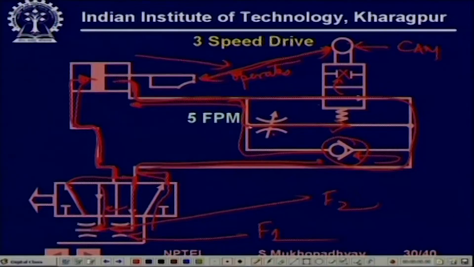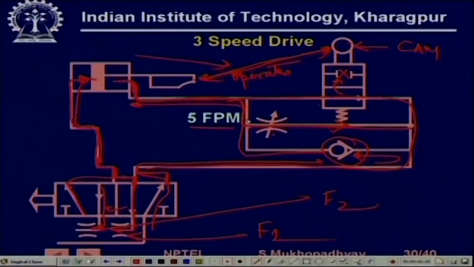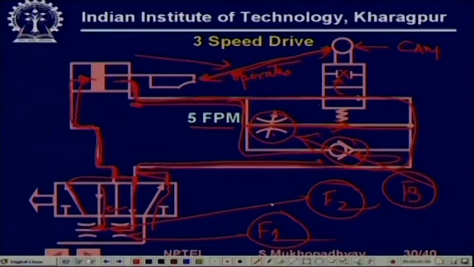So, it will pass through this. So, after a certain time the flow is going to be only 5 FPM, just feet cube per minute, that is a unit. So, it is going to be only 5. So, you see, maybe this setting is F3. So, you can realize 3 settings F1, F2 and F3 using this circuit, right, pretty good.